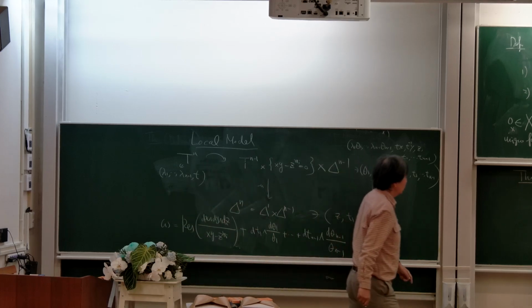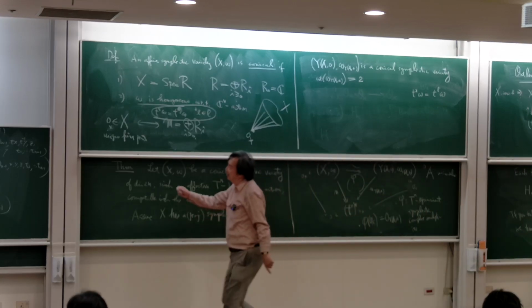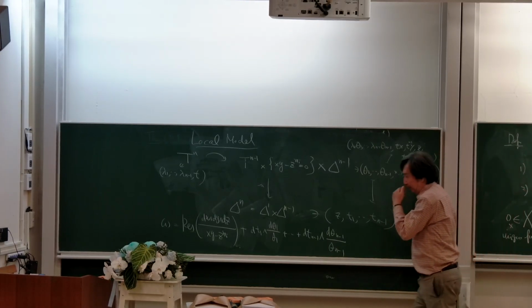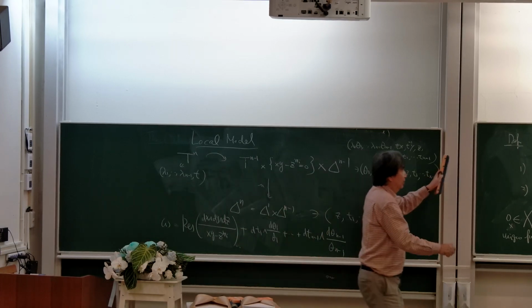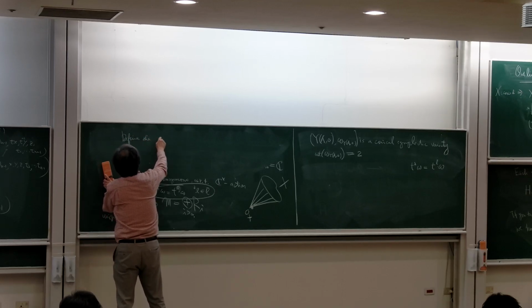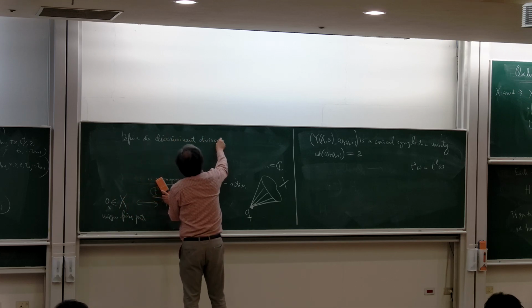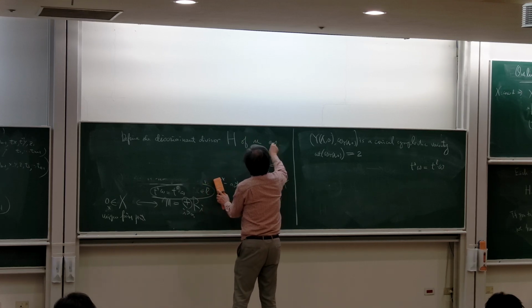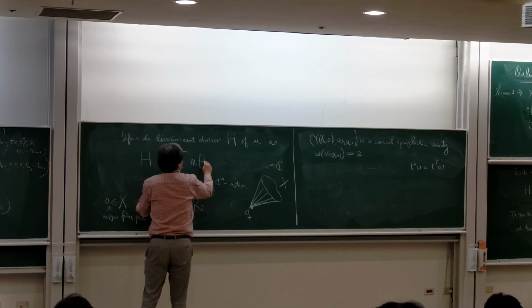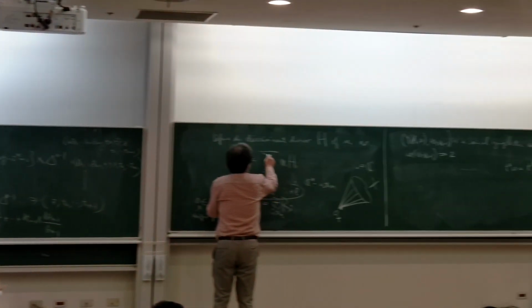So for each Hi, we have an integer mi. So we define the discriminant divisor of mu as the sum of mi Hi. So you give a weight by using this mi.